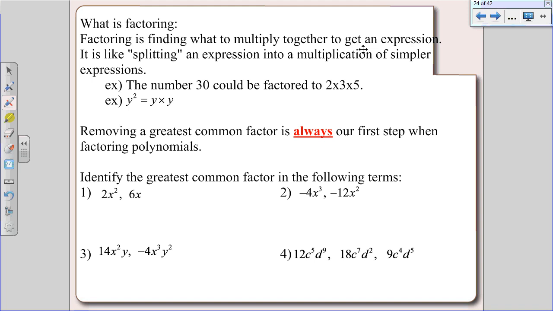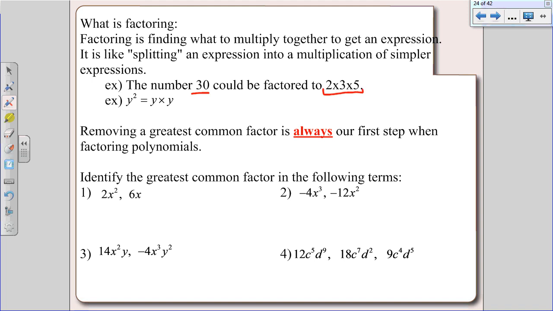Factoring is finding numbers that multiply together to create what you have. For instance, we've done this before. We've taken numbers like 30 and we have factored them or written them out as multiplication statements. So 30 could be changed to be 2 times 3 times 5. That's what we did at the start of the semester.